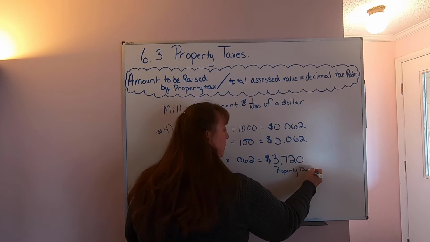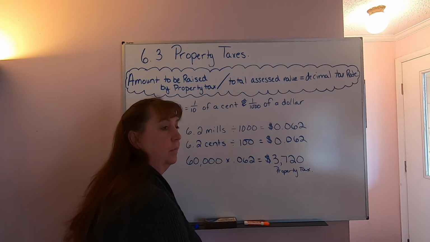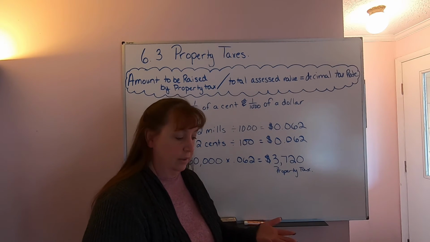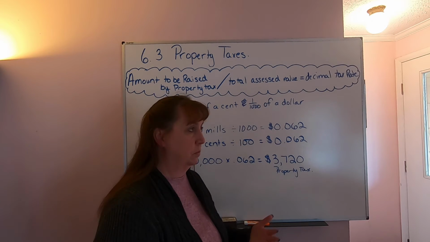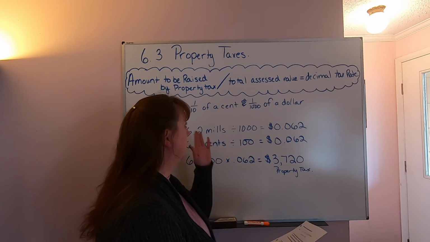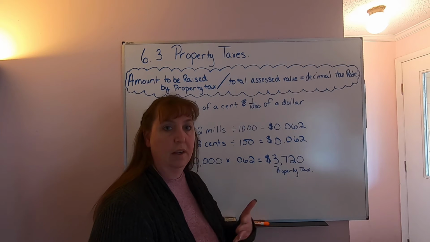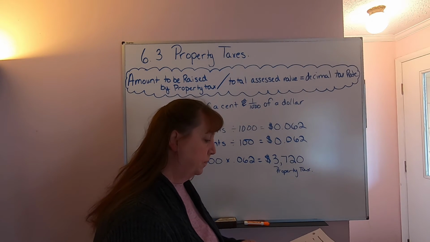Again, the property tax helps pay for the local district's bills, such as to help support the school. In this case, we're talking about the school district, so it's going to help support the school district.